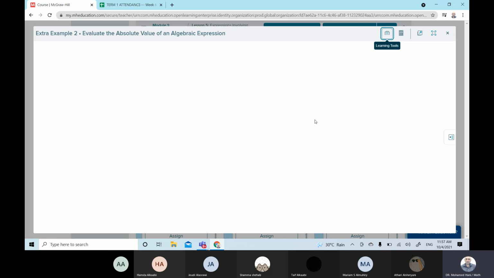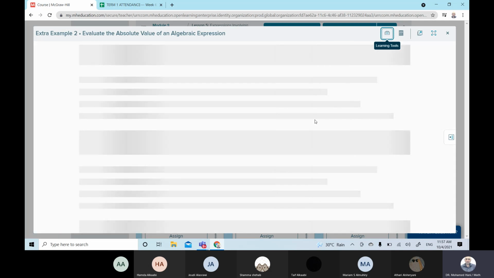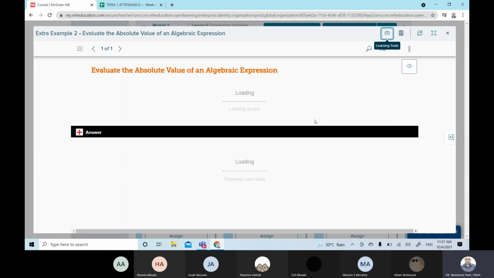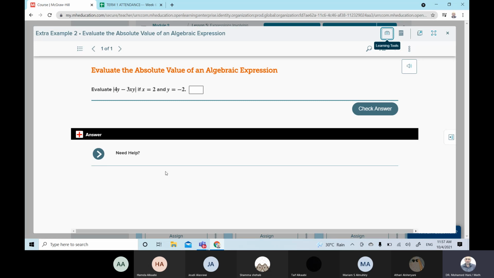Evaluate the absolute value of an algebraic expression. In the example here, we want to evaluate the absolute value of an algebraic expression.